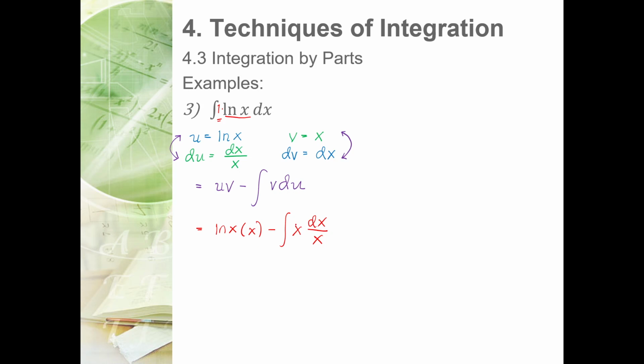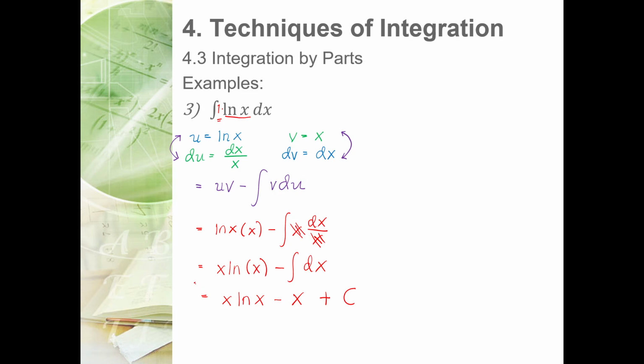So we can cancel out the x here. What's left is x ln of x minus the integral of dx. So we have x ln x minus x plus c.